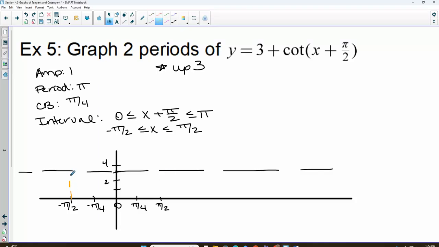We know both ends are asymptotes. And the middle is 0, which will happen on this line.